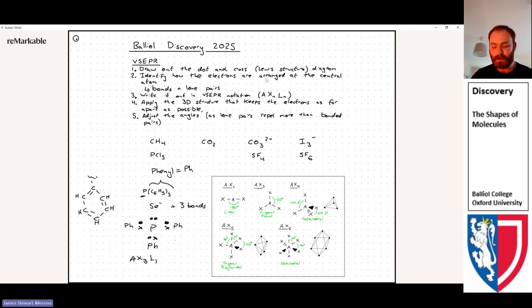Okay, so you have an AX3L1 system. As we mentioned earlier on when dealing with lone pairs, we have a 3 plus 1, which gives us our 4. So we're looking at some sort of tetrahedral arrangement of them.